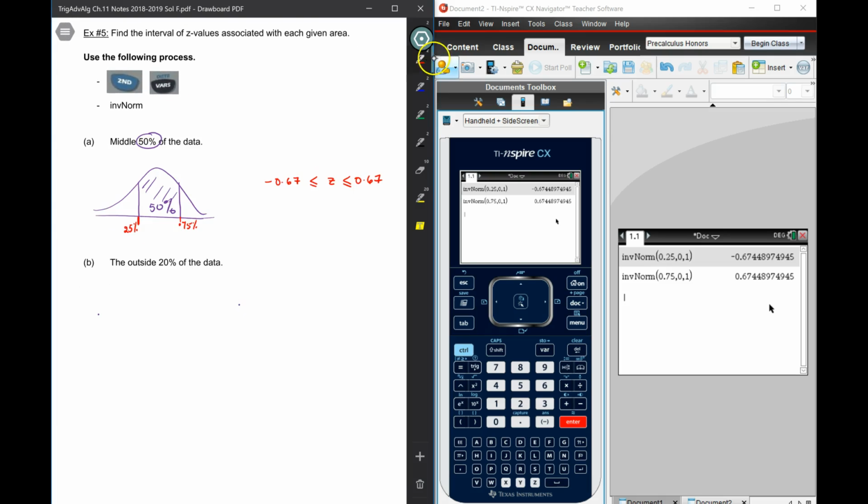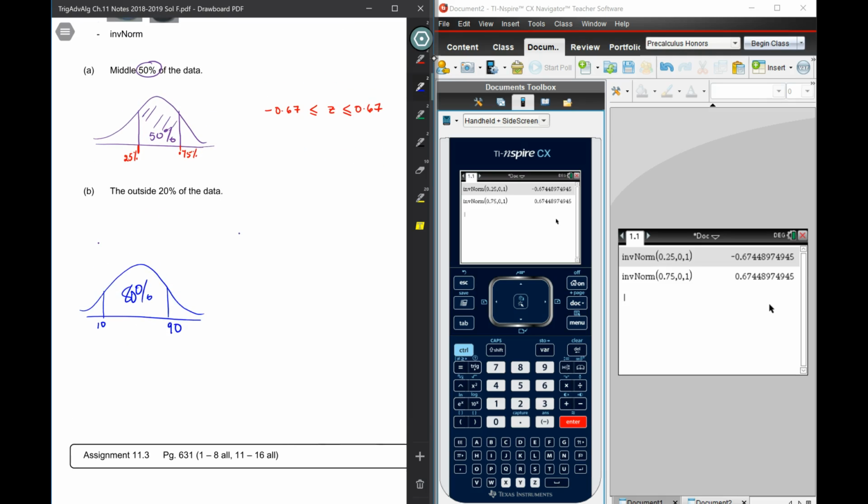Now let's do part B, which is the outside 20% of the data. Let's draw for that. If I want the outside 20%, how much is the inside? 80%. That means this is 10 and this is 90. So figure out the left one and then go, okay, 10 plus 80 is 90.